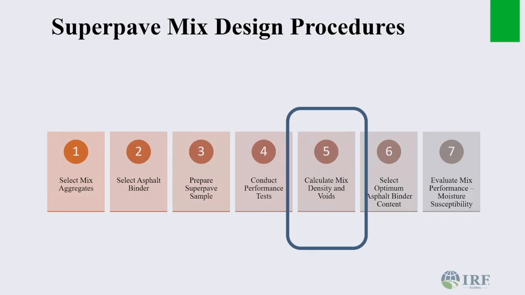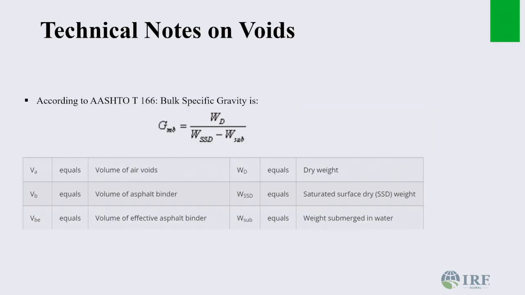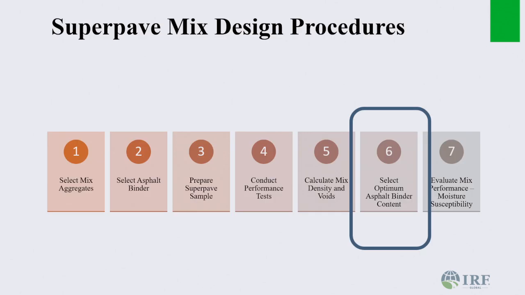Then I've talked about examining the mix densities and the air voids that we just talked about. Then you use that to select the optimal binder content. So remember, you started with different binder contents. Maybe you started with 7.